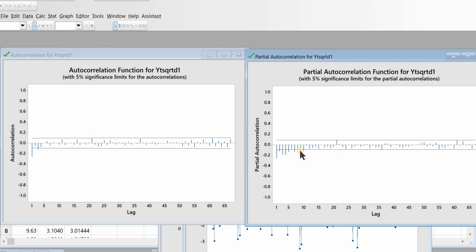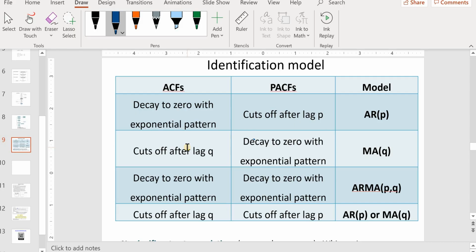So maybe we can say that the plot dies down. So the combination is that ACF cuts off at 3 and PACF dies down. Refer to the identification here: cut off and then dies down.